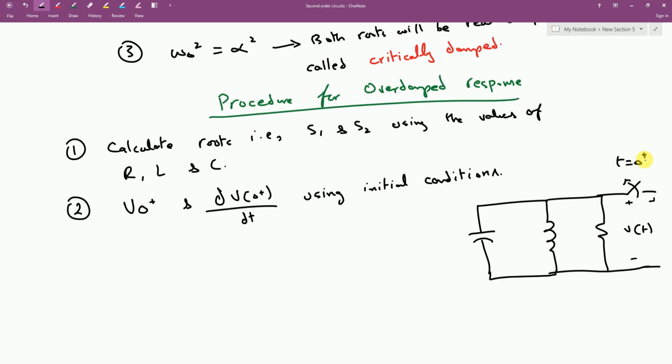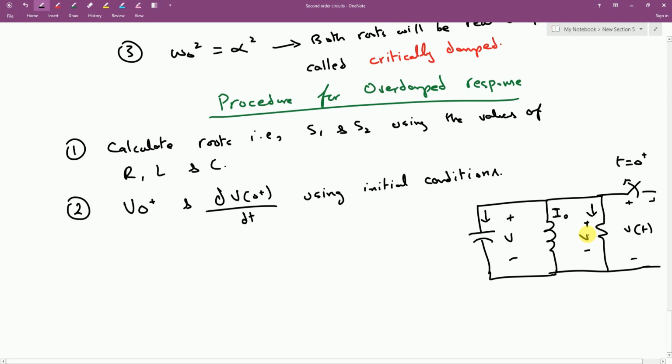However, the currents have a tendency to change instantaneously in the two branches, IR and IC. So now if we know the current I naught which was flowing in this particular inductance, and we know the voltage V that this capacitor will try to maintain, then we know the voltage across this resistance as well.